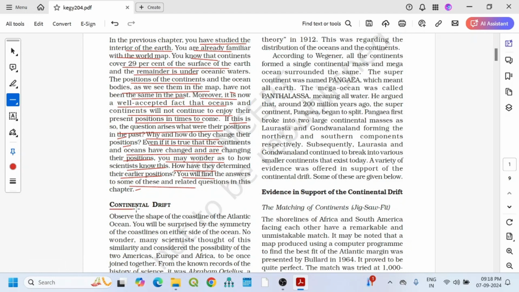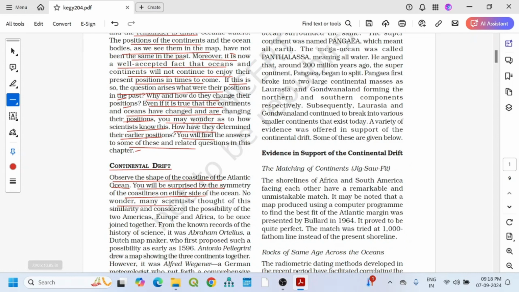At first, let's discuss continental drift. Observe the shape of the coastline of the Atlantic Ocean. If we observe the coastline of the Atlantic Ocean, we will be surprised by the symmetry of the coastline on the other side of the ocean.